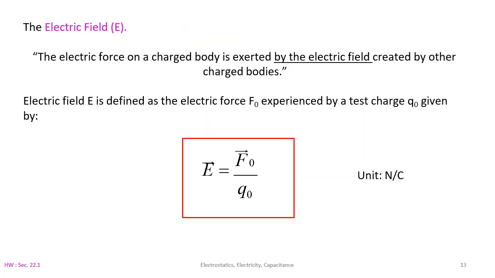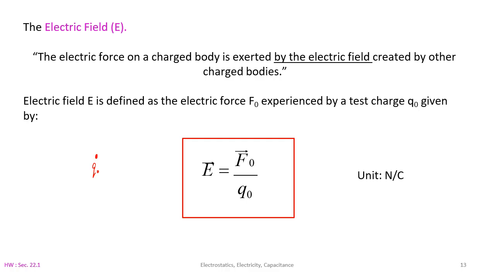Okay, so here is our definition of electric field. It is going to be equal to the force that a test charge feels in an electric field divided by the size of that test charge itself. So say I've got an electric field going on the left-hand side of this screen, and I put my little test charge there, Q0.